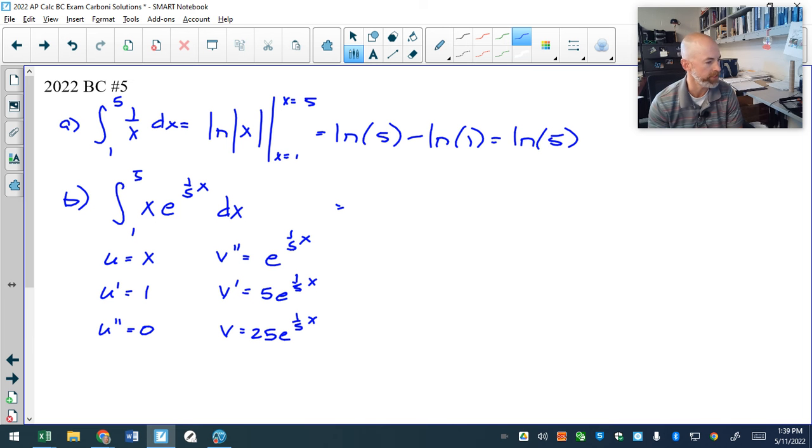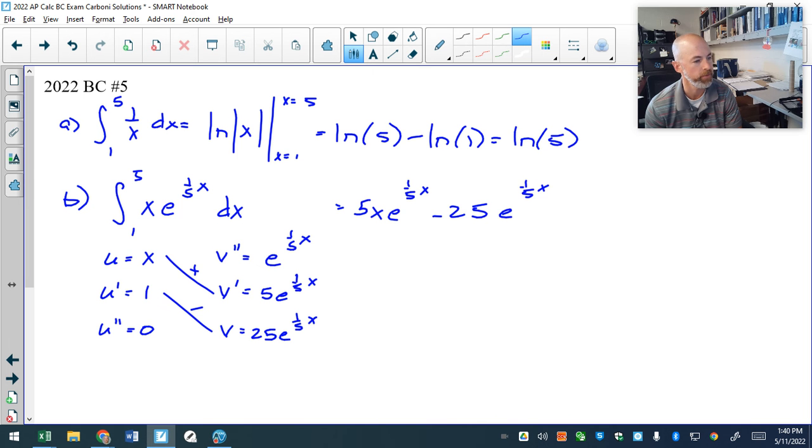And so when you do the antiderivative here, you're going to do that product minus that product. So 5x e to the 1/5 x minus 25 e to the 1/5 x, and we will evaluate this from x equals 1 to x equals 5. And so plug in 5, that's going to be 5 times 5.